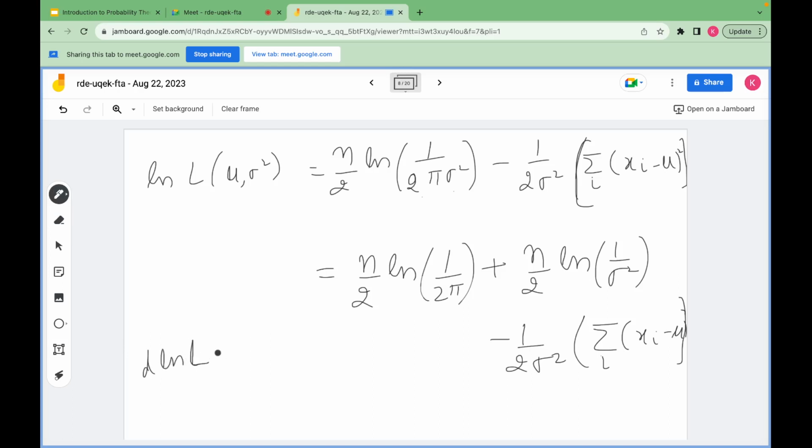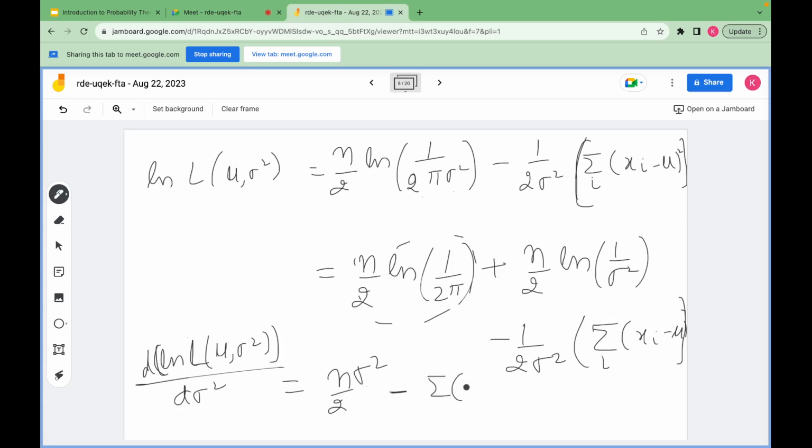Because the differentiation will become difficult, now when we partially differentiate this L value with respect to sigma square, this quantity will become 0. This quantity will become n by 2 into ln x; differentiation of ln x is 1 by x, so this will become sigma square, and this quantity will become sigma.